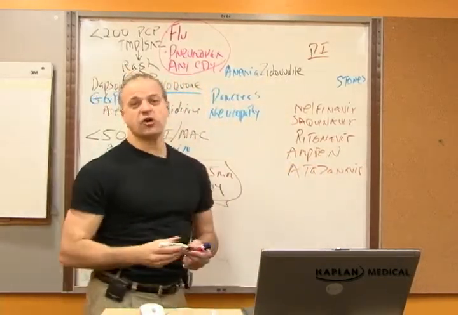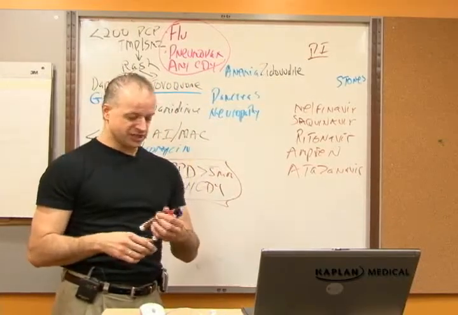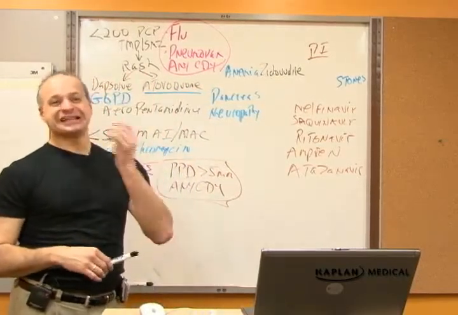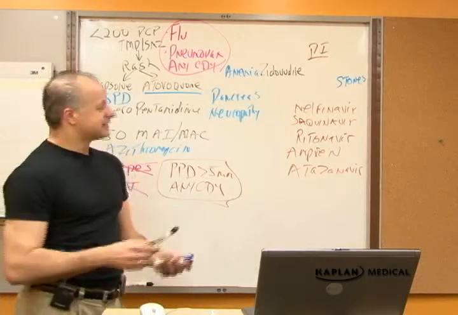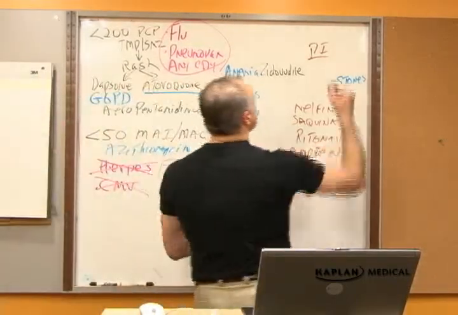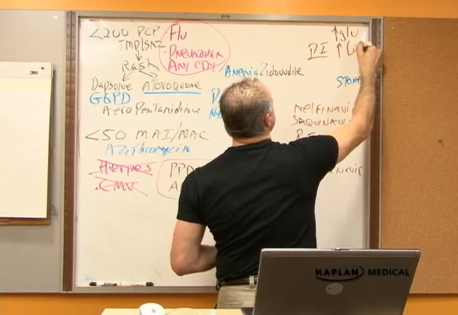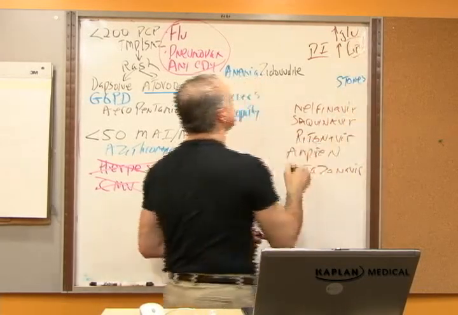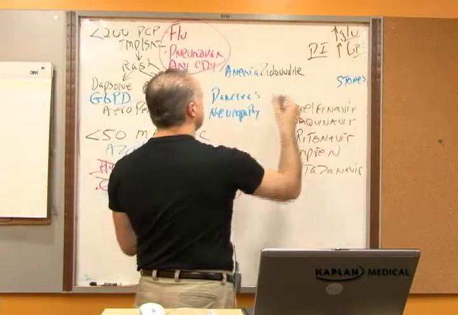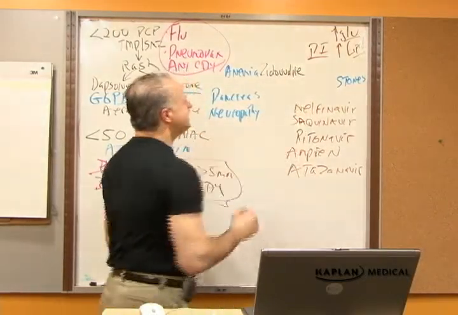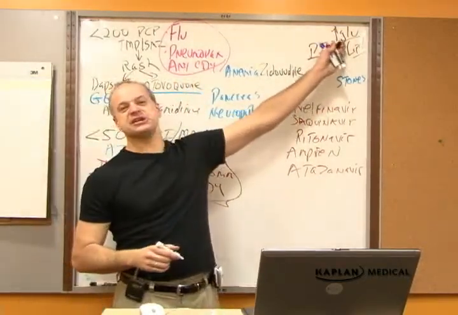They want you to know that it's time to stop the zidovudine if you have anemia, not to stop the wrong med. The same way protease inhibitors cause hyperglycemia and hyperlipidemia, and we don't want you to stop the zidovudine if you have developed hyperlipidemia and hyperglycemia.